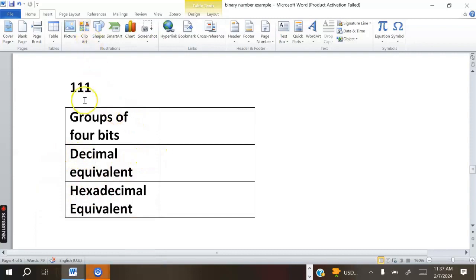Our example number 1, we have 111. As you can see, it is not possible for us to get 4 bits. The rule is very clear and you need to note it. When you encounter a number with less than 4 digits, you are supposed to add 0 to the left side if you are dealing with the integral part.